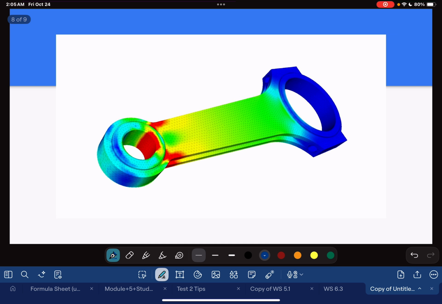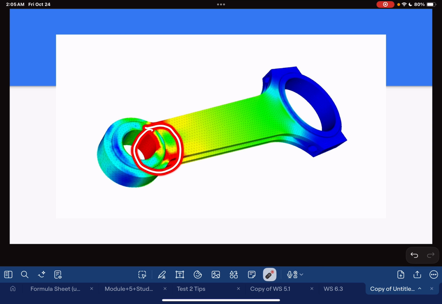Something that I thought was cool was seeing this in FEA and seeing your von Mises stress values. This is a piston ring in a car, in an internal combustion engine. The colors signify the stress levels, right? If you know anything about cars, then you know that this is where the piston will lie.